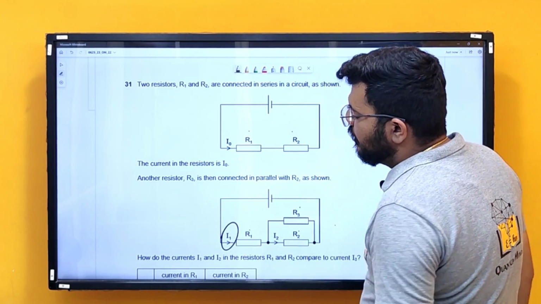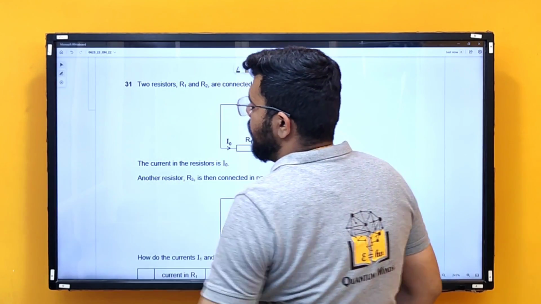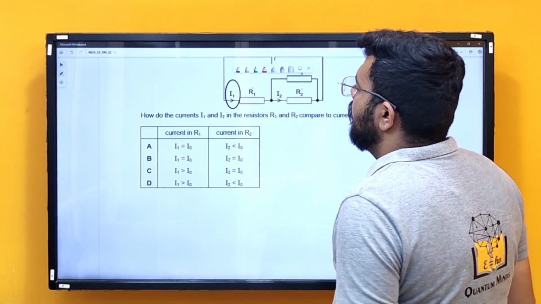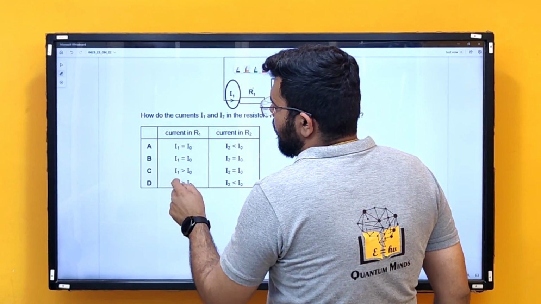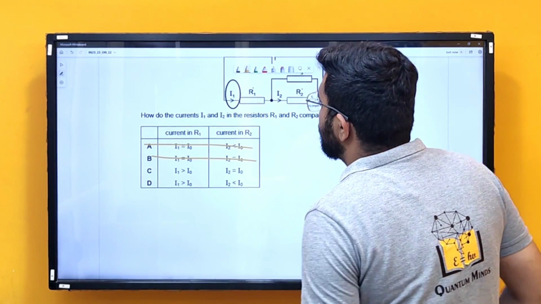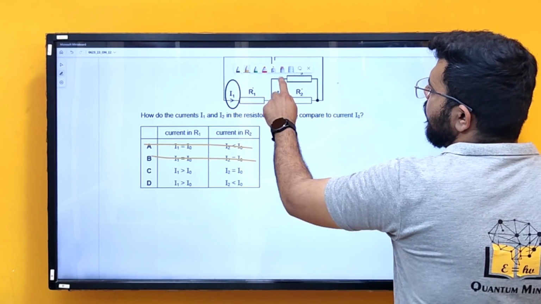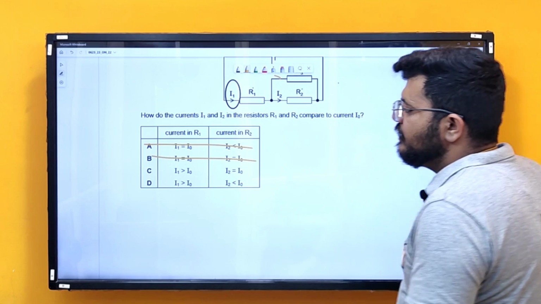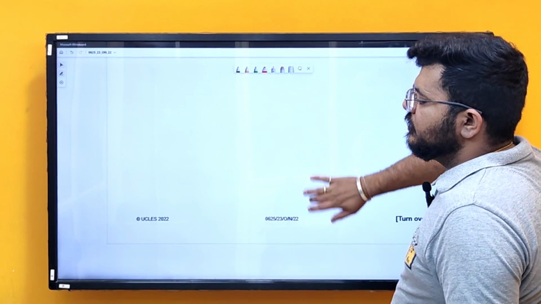So I1, the total current, will be greater than I0. The current in R1, I1, is greater than I0, so options A and B are cancelled. I2, because the current is dividing here, will be less than I0. So option D is your correct answer.